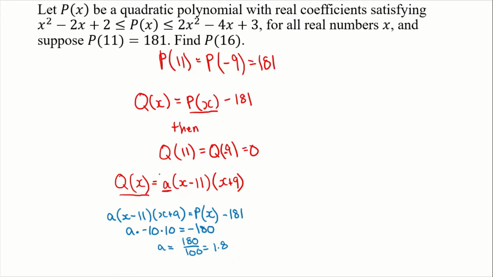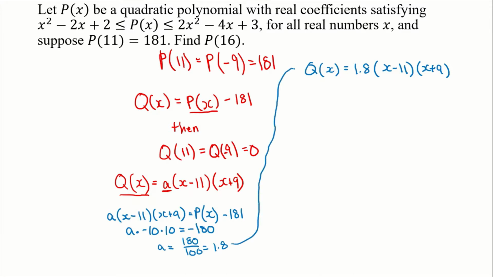So now all we need to do is plug in a to find q of x, and then use that to find p of x. So let's do that. We know that q of x equals 1.8 times x minus 11 times x plus 9. So that means that p of x, and just to be clear, I have taken this right here and I have plugged that straight into there.